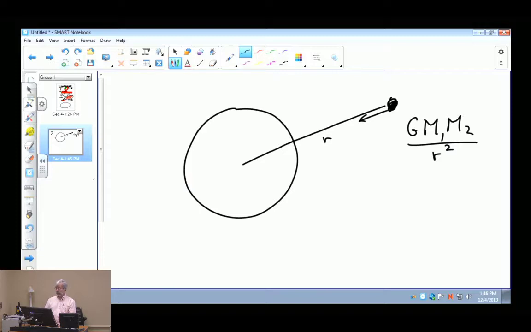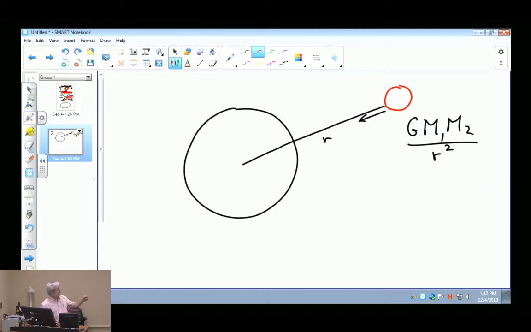Okay, now, however, let's consider the fact that the body, namely the moon, is not a point, but in fact has finite size itself. So let me redraw this thing, and take into account the fact that it has some size to it. It has a diameter.